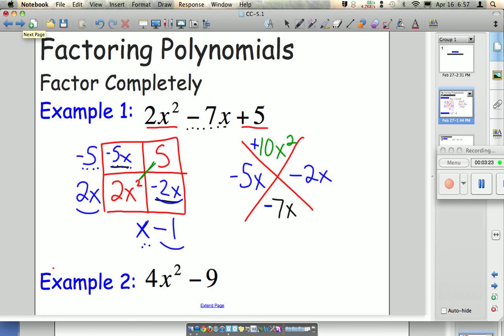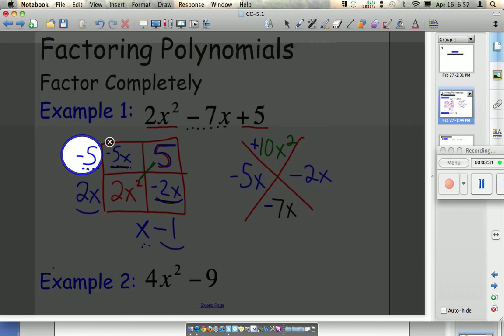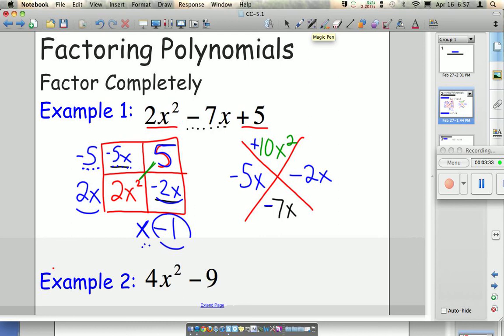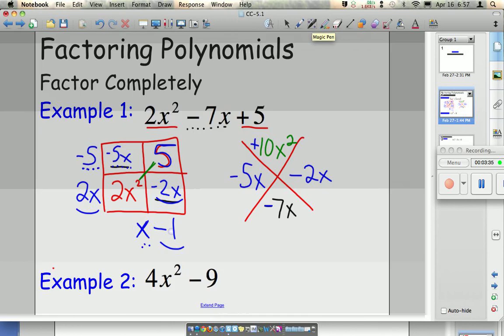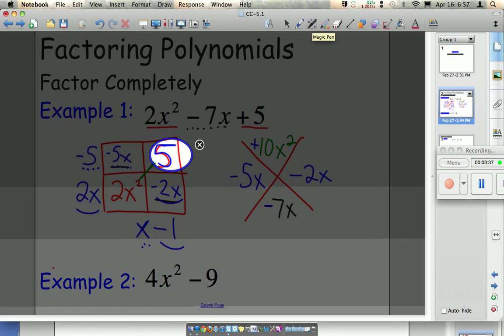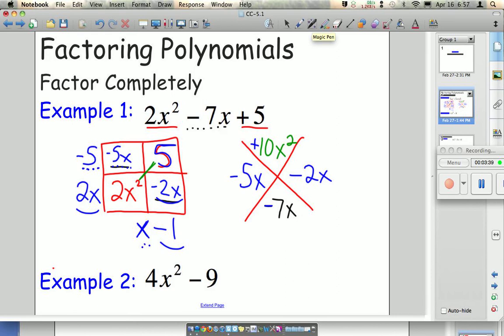And then I check my last number, this 5 right here. If I do negative 5 times negative 1, I do in fact get 5. So I check all my corners, and it should all work. The answer is not all this beautiful work I've done, but rewriting this as a product.